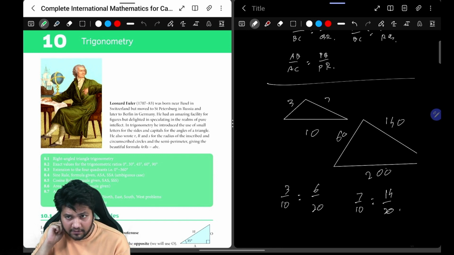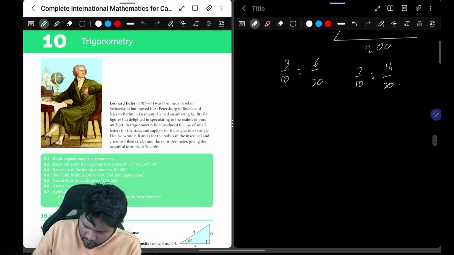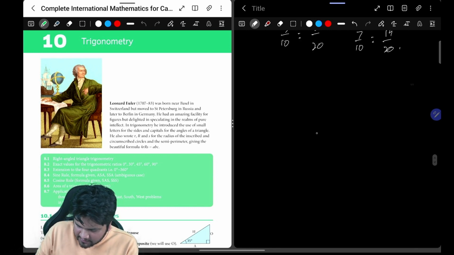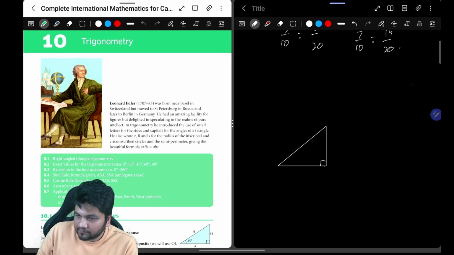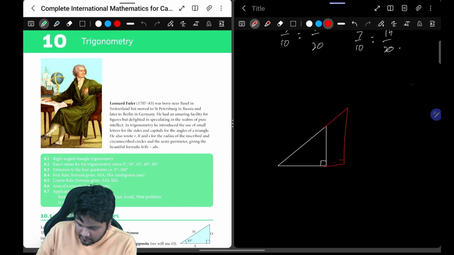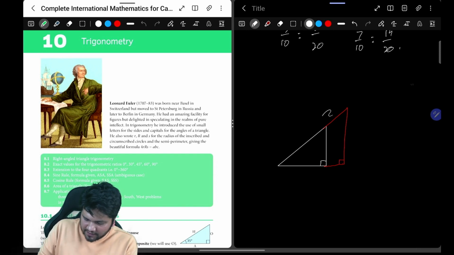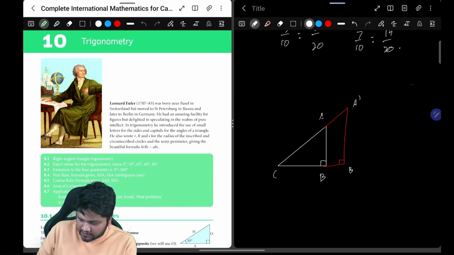Similarity of triangles, right? Now what if I consider a right angle triangle, something like this, and another one like this? So I would say this is A, B, C, this is A dash, B dash and C. This is the angle theta.